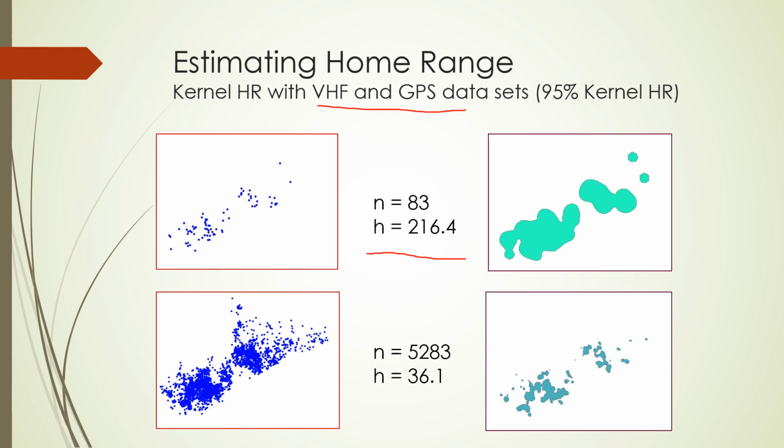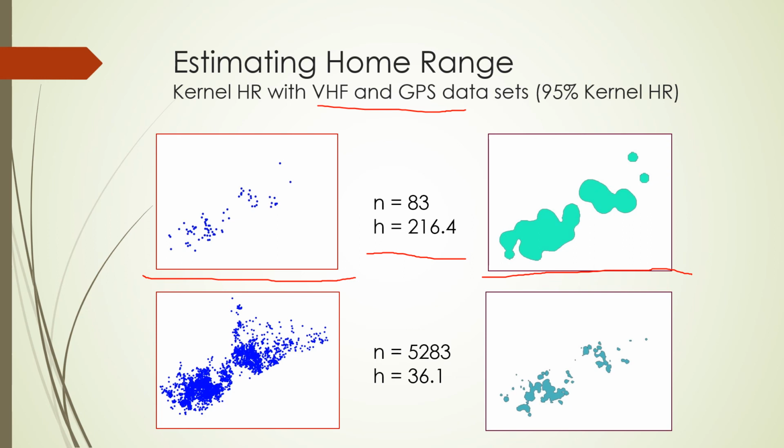What he did to get this data set was take all of these data and pull out one location a day, and that gave him 83 points. They ran it through a program to estimate the best value of H to use for those data. Got an H value of 216, and this is the home range plot that it provided.